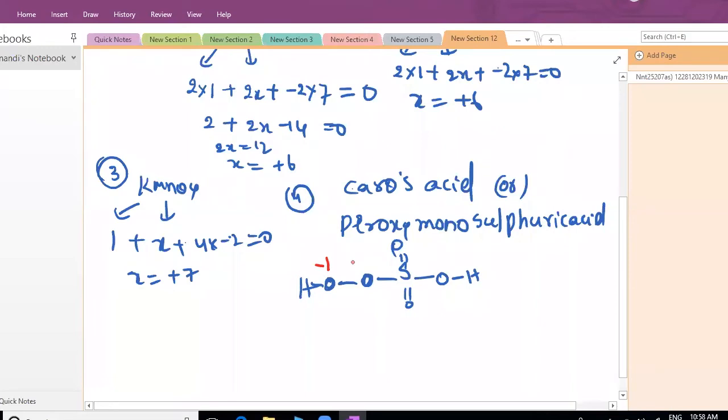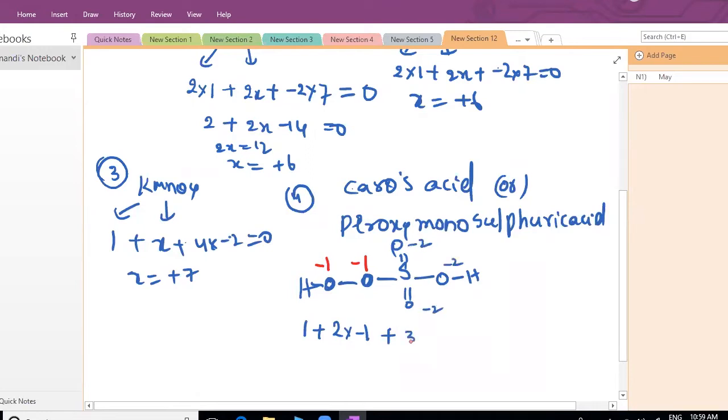So now can you try? Hydrogen is 1 plus 2 oxygens, 2 into -1, plus these are -2, these are regular.